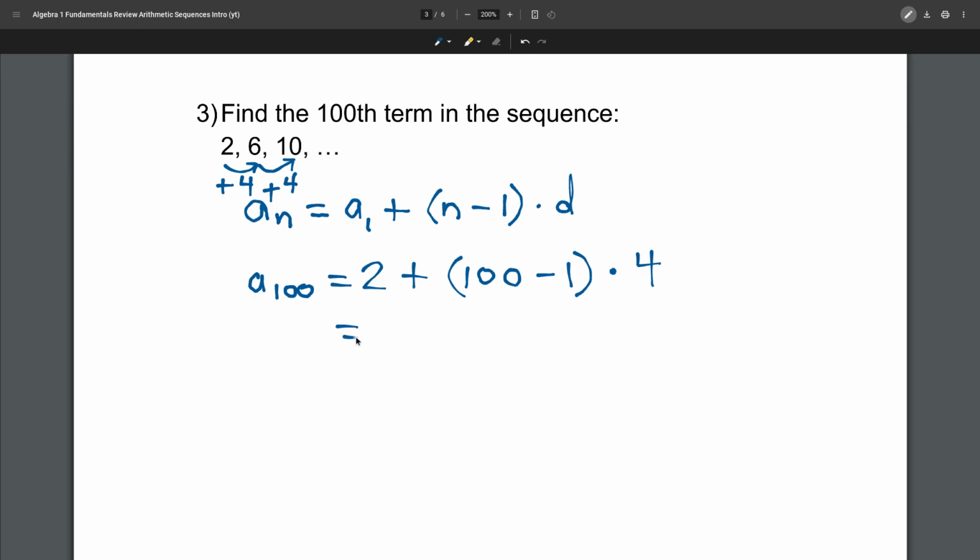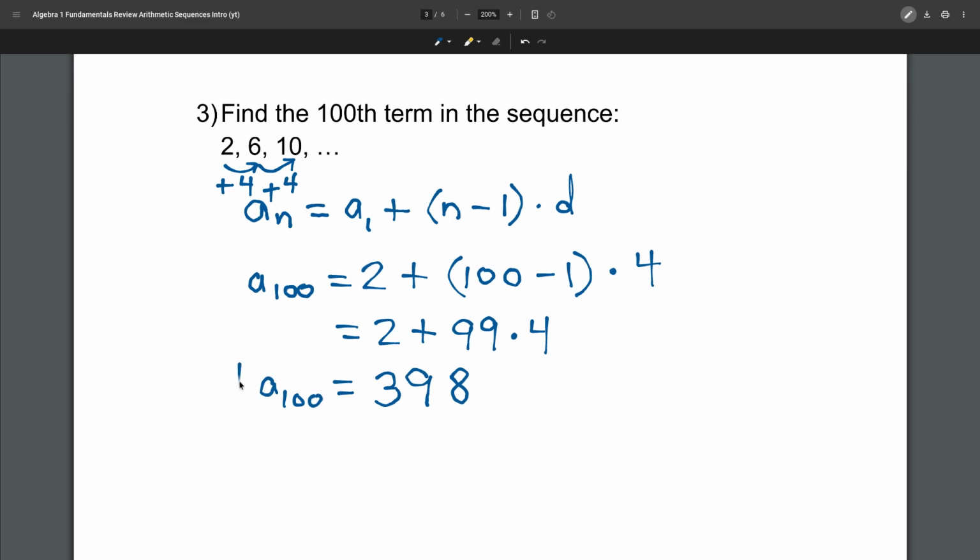So this is going to be 2 plus 99 times 4. Okay, so 2 plus 99 times 4 is 398. Okay, so the 100th term in the sequence is 398.